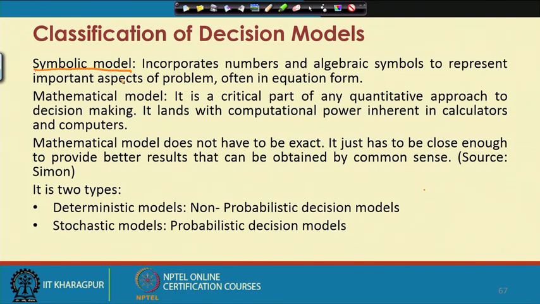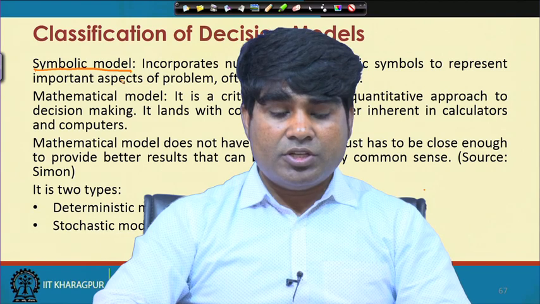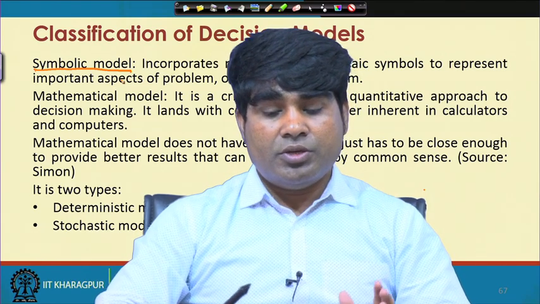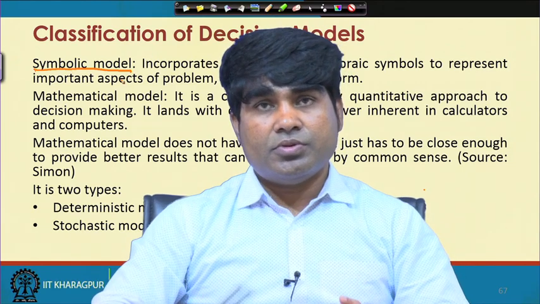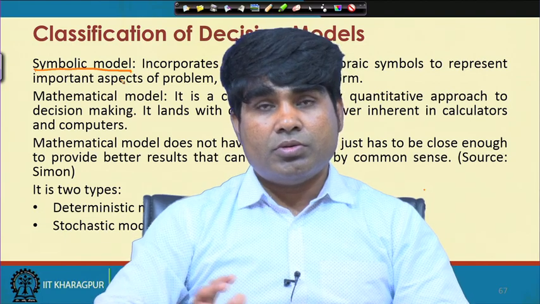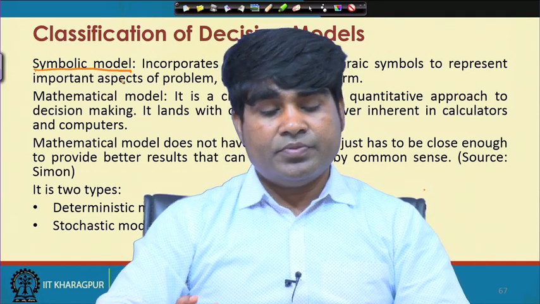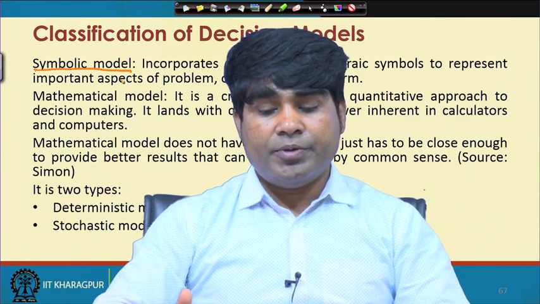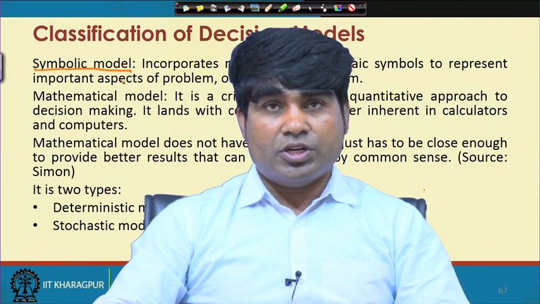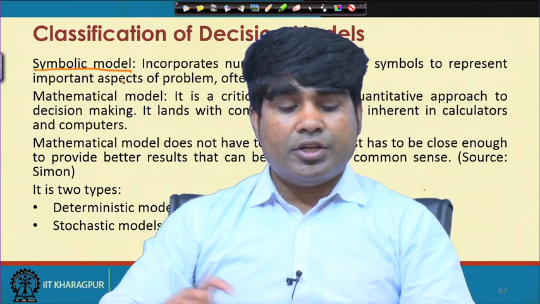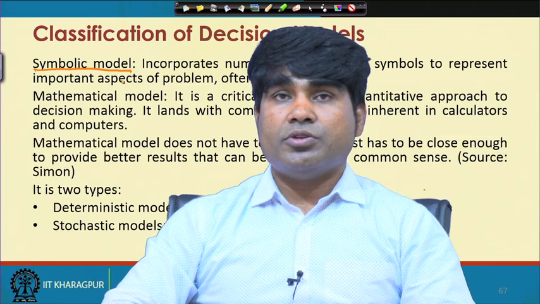Generally a model can be divided into two types: deterministic models and stochastic models. The difference between the two depends upon the connection of probability. Deterministic models are usually called non-probabilistic decision models, and stochastic models are called probabilistic decision models. Technically, all decision models can be either deterministic or stochastic.